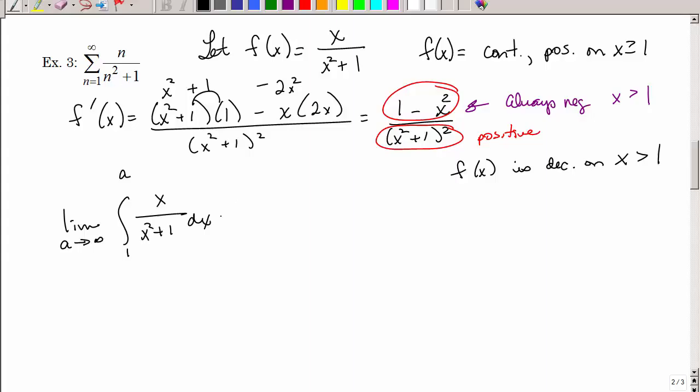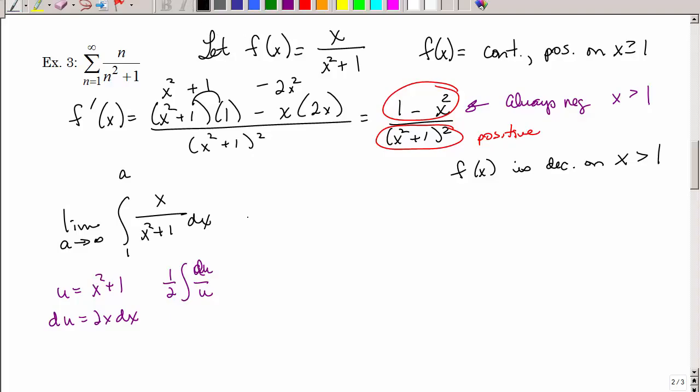Then we have to remember how to integrate that. Well, let's see. If I let u be x squared plus 1, du is 2x dx. And so this becomes 1/2 the integral of du over u, which of course is the natural log function.